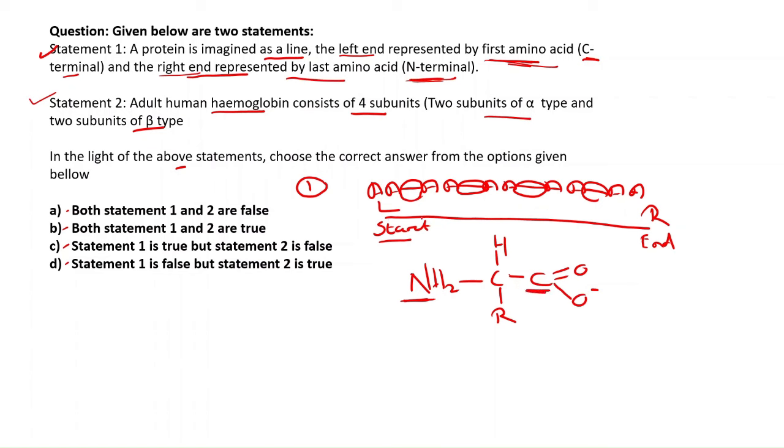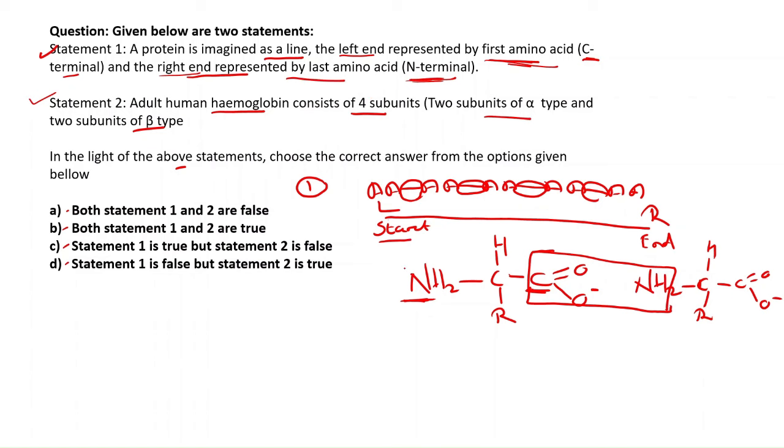Now when amino acids form a peptide linkage, the NH2 of one amino acid joins with the COO minus of another amino acid. In the peptide linkage, the COO minus group of the previous amino acid joins the NH2 group of the upcoming amino acid.